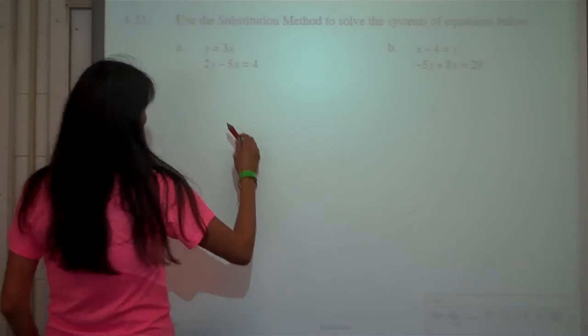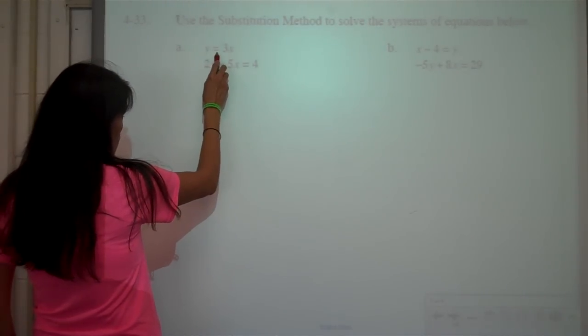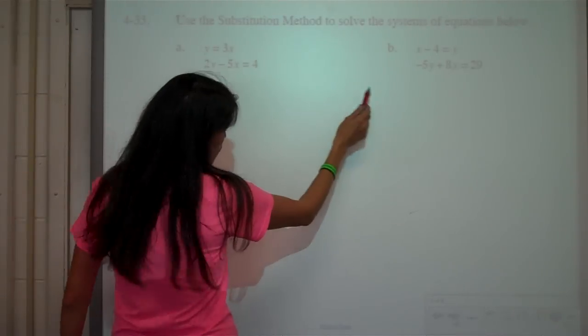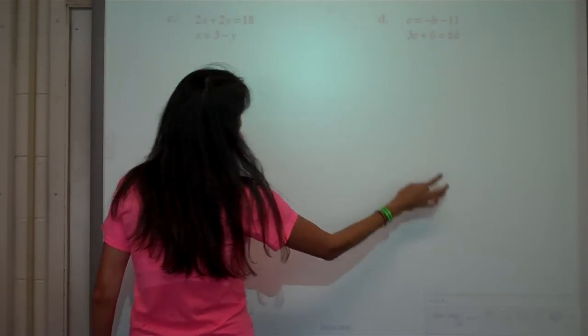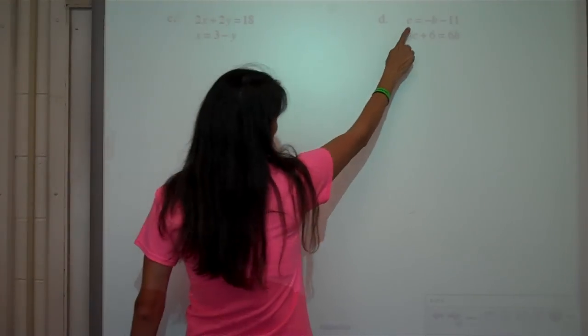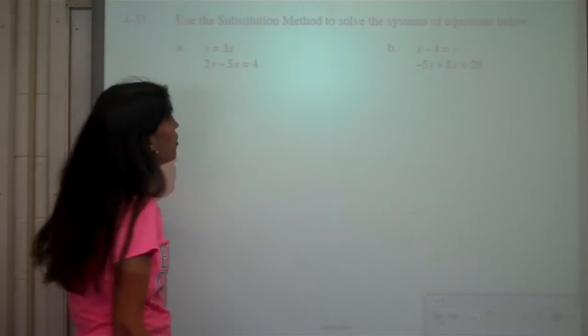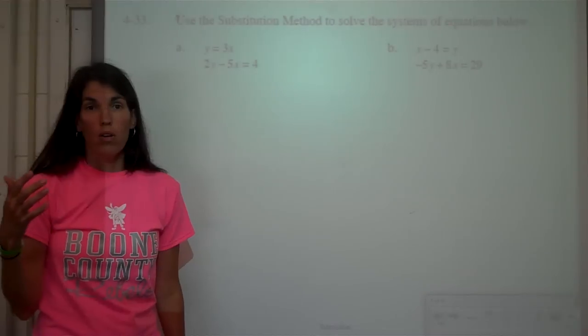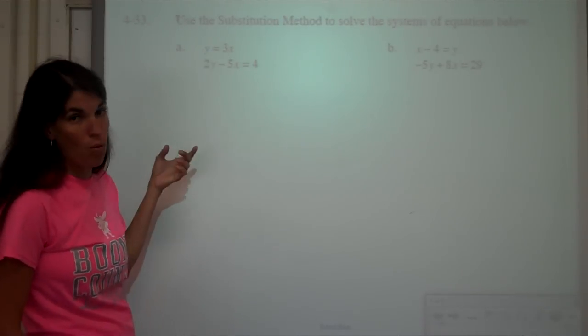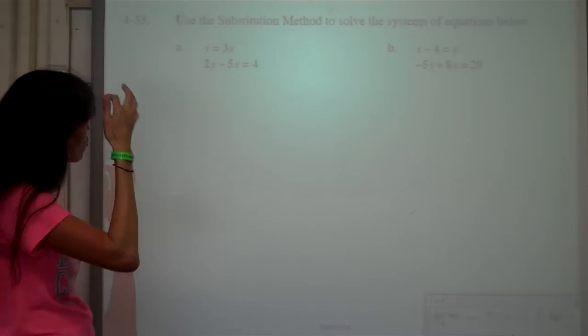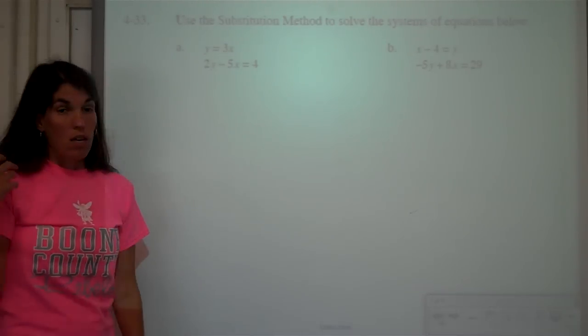This says y equals, so the y is solved for, here the y is solved for, the next two, x is solved for, c is solved for. So you could do equal values, but that could get messy. You would have to solve for this y and then set them equal, and there would be fractions. So substitution will work for this.